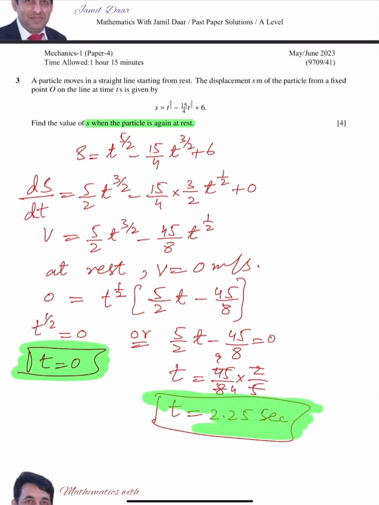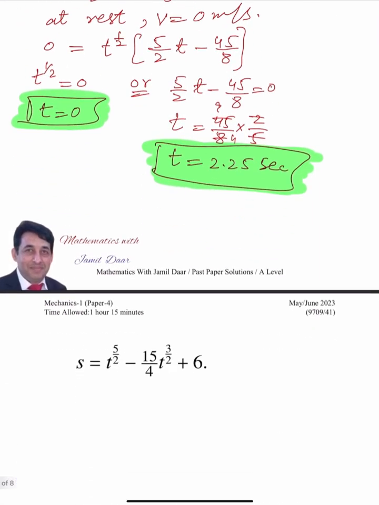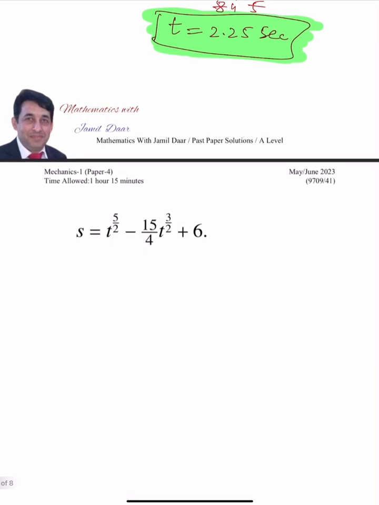Now by substituting this time 2.25 seconds in the formula, we'll find out what was the distance at that time. So we'll substitute 2.25 here. S is equal to 2.25 raised to the power of 5 by 2 minus 15 by 4, 2.25 raised to the power of 3 by 2 plus 6.